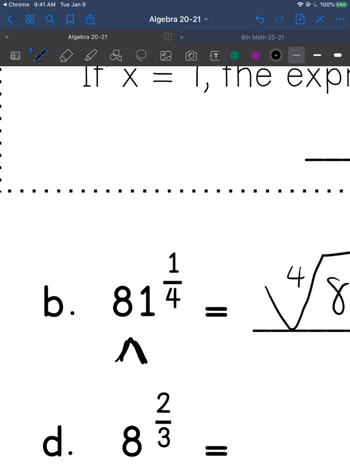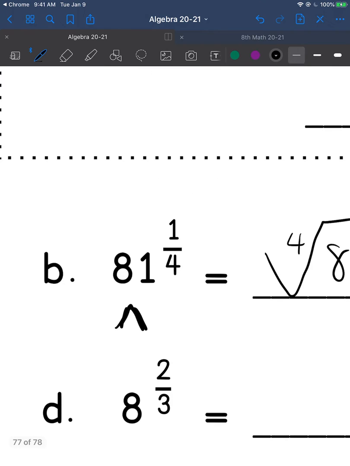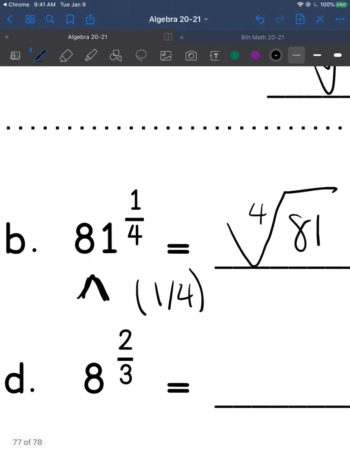You could put in 81, the caret button, and then in parentheses 1 divided by 4, because we don't actually have a way to put a specific root in the calculator.